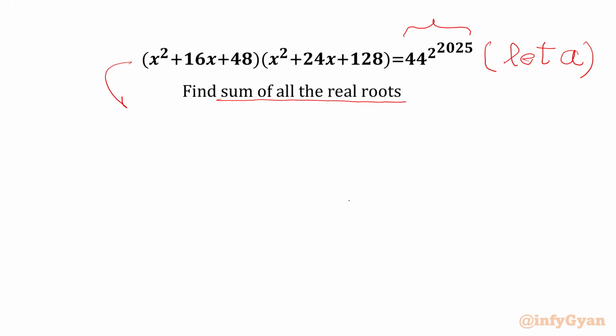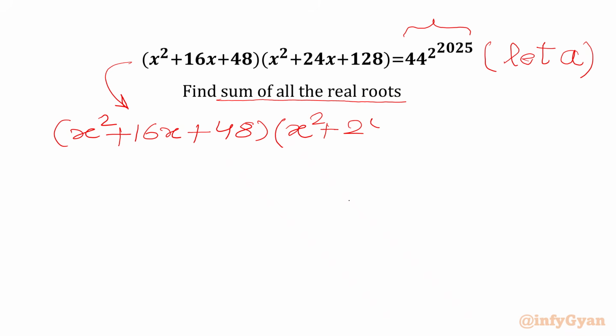So we can write our equation: (x square plus 16x plus 48) times (x square plus 24x plus 128) equal to a, where a is 44 raised to the power 2 raised to the power 2025.